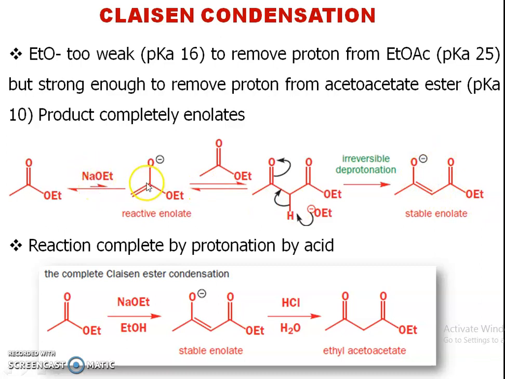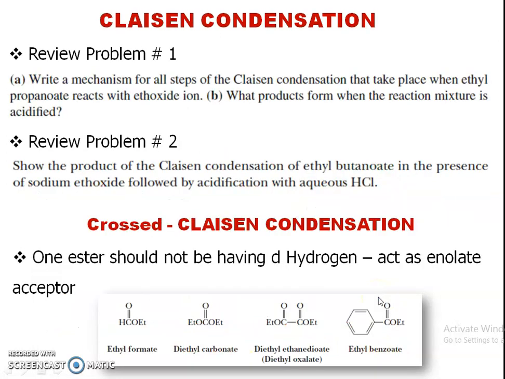Here, the backward reaction is favored in enolate formation, but due to the stability of this enolate, this product will be formed in high yield. And finally, this enolate should be hydrolyzed to form beta keto ester.